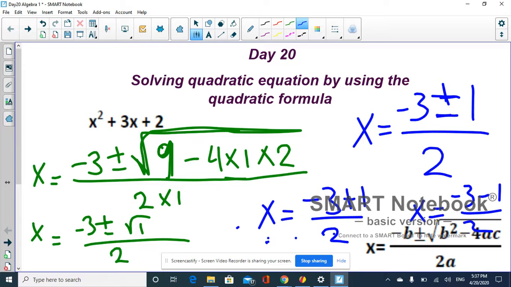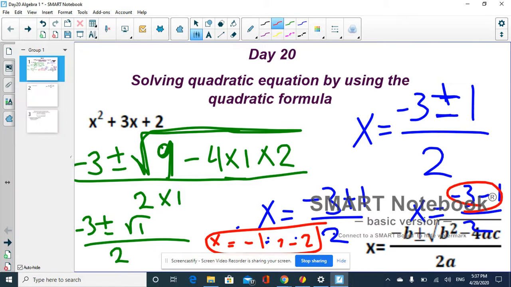Negative 3 plus 1 is equal to negative 2, divided by 2 gives you negative 1. So the first solution is x equals negative 1. The second, negative 3 minus 1 over 2. Negative 3 minus 1 gives you negative 4, divided by 2, negative 2. So the other solution is negative 2. You have two solutions: x equals negative 1 and x equals negative 2.